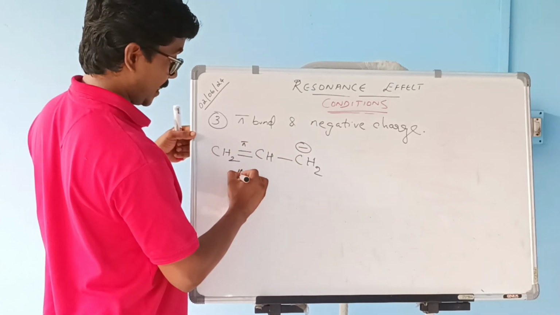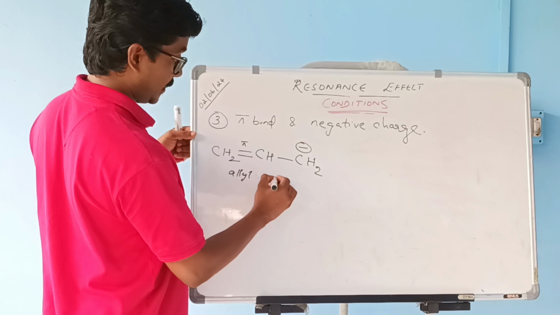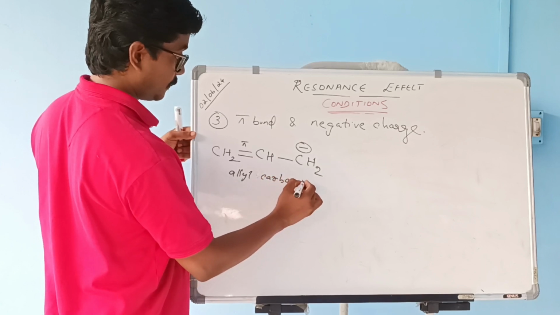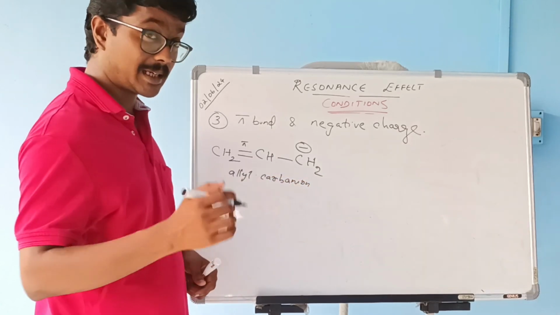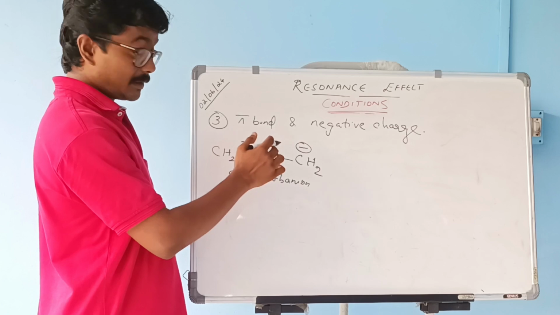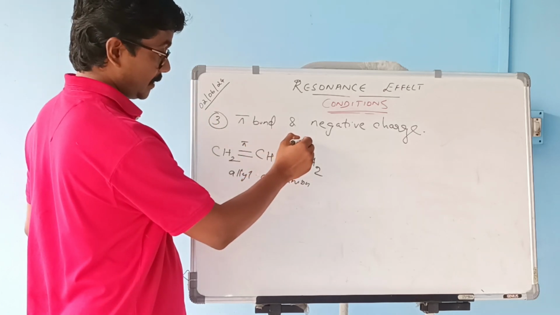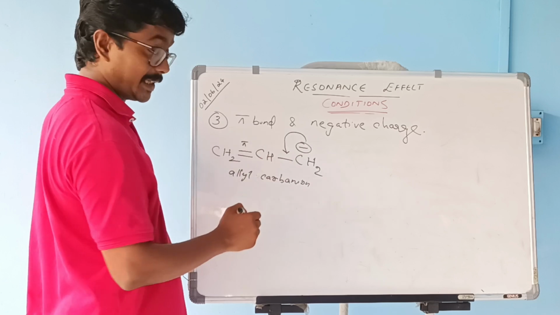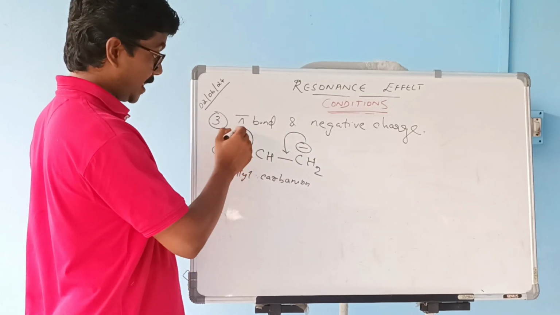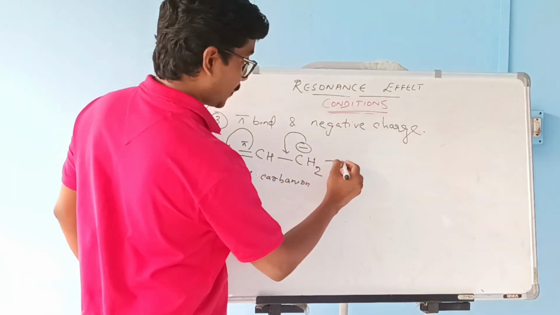This is called allyl carbanion. Okay, allyl carbanion. Resonance is possible in this structure. This carbanion, the negative charge comes here and this pi bond comes here. What is going to happen?